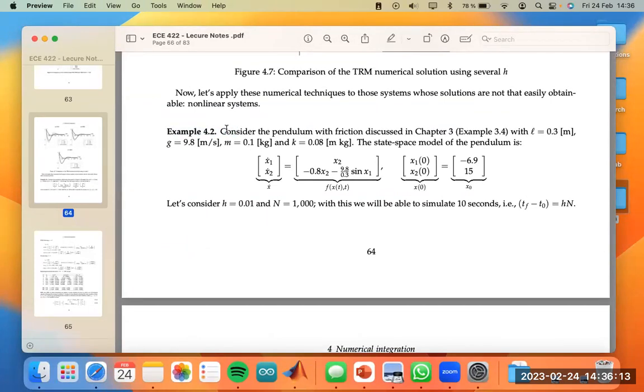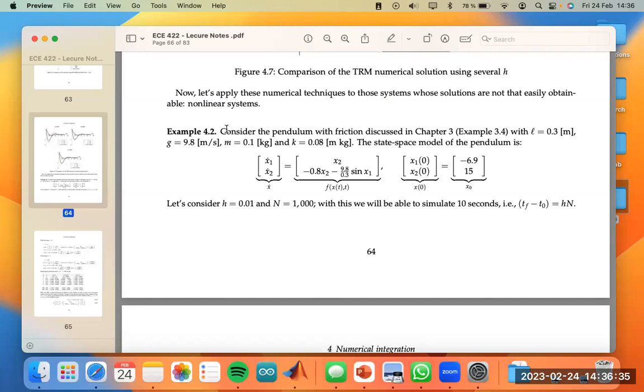As you can see, this example is a two state variable, two equation system. So we have something like this, but now we can't express that in terms of a matrix A because it's nonlinear. So you have to get the solution for that.